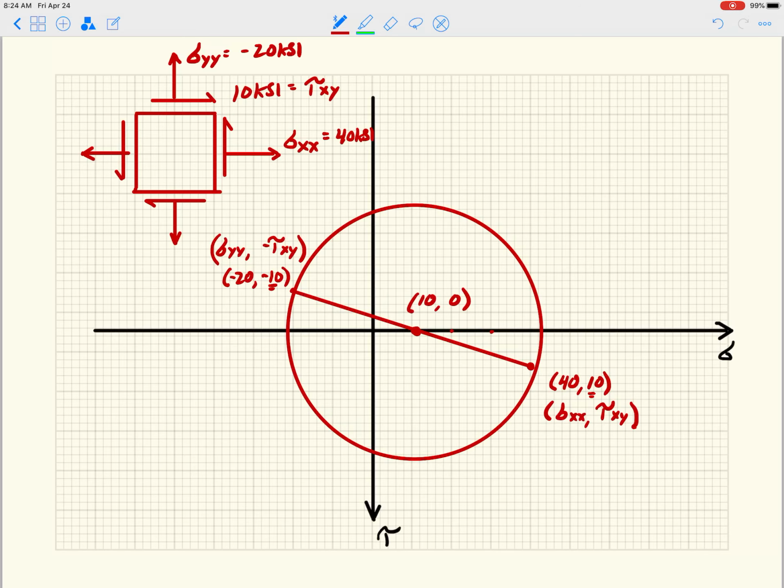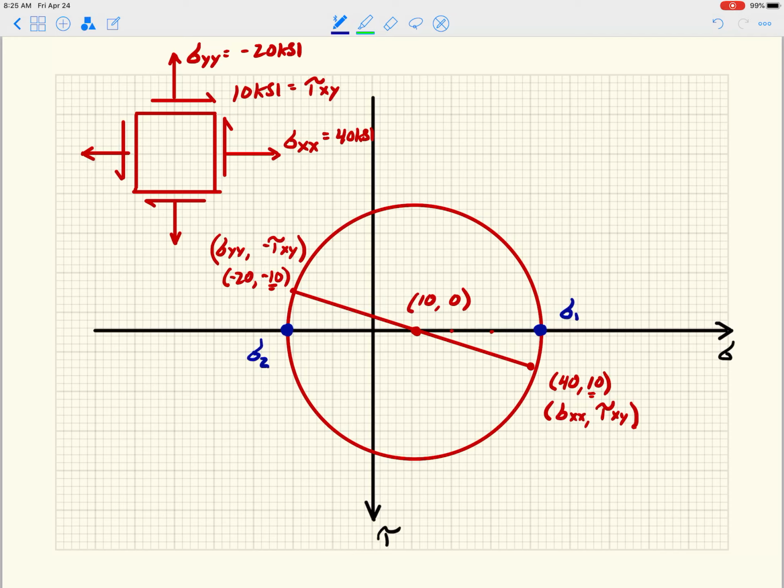And a couple points that we want to identify, right? So these points here, this guy here, and this guy here, they are sigma 1 and sigma 2, right? Those are my principal stresses. So they are the maximum normal stress that I see and the minimum normal stress that I see. No matter how I orient this cube for this particular state of stress, every state of stress has its own unique Mohr circle, right?